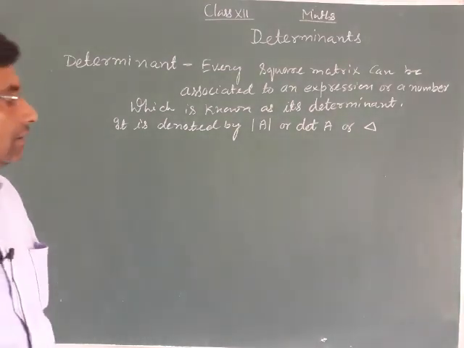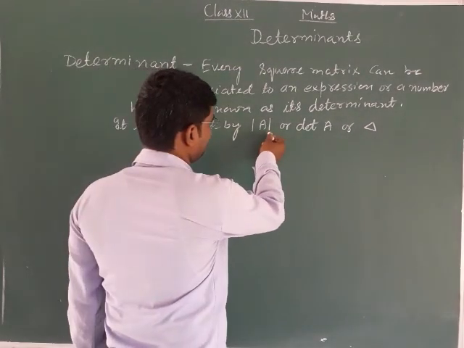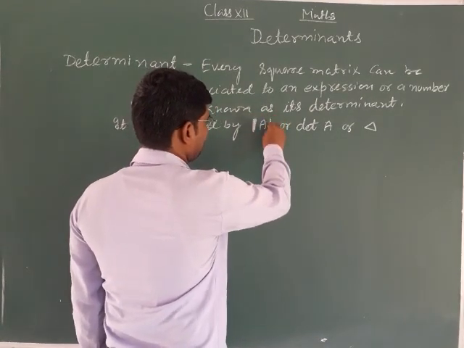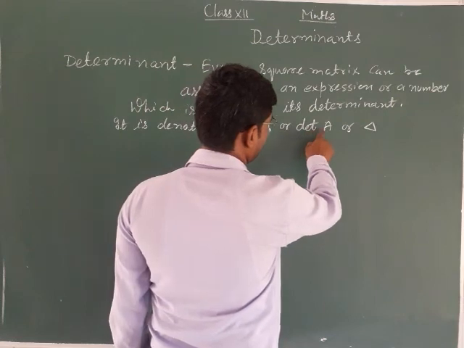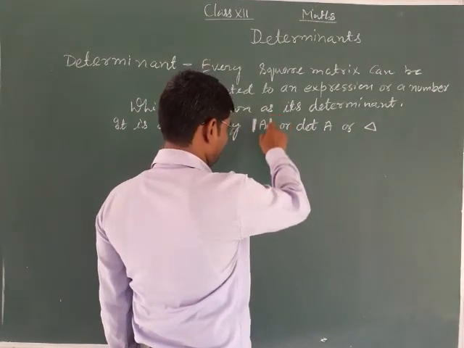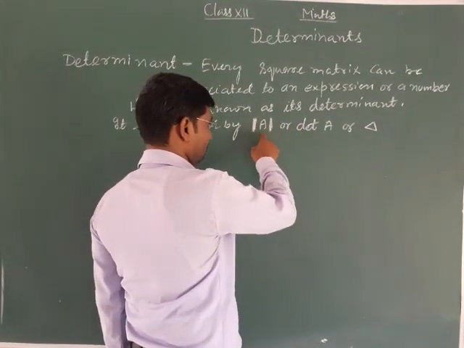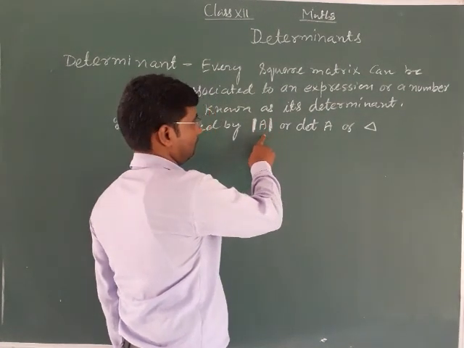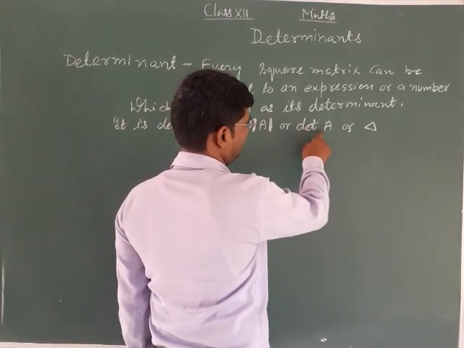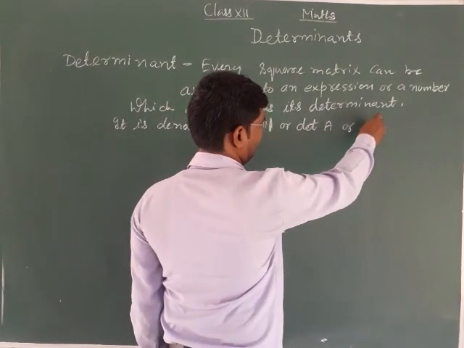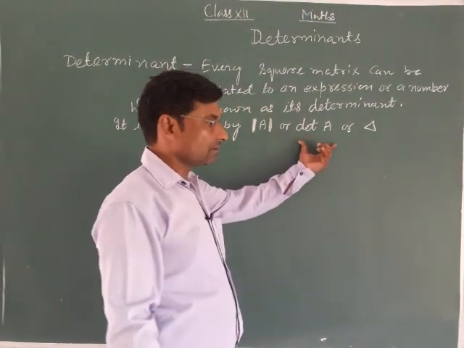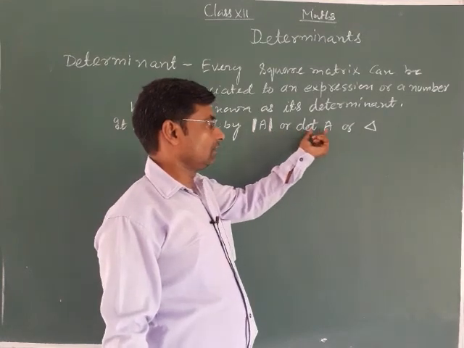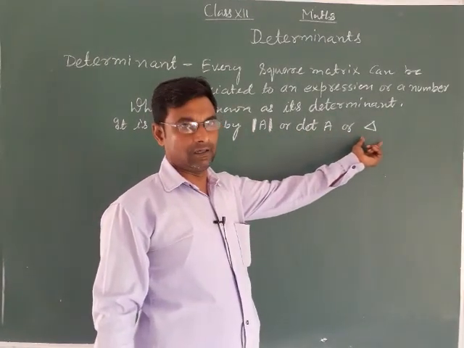It is denoted by determinant A or |A|. It is not read as modulus; you read it as determinant. There are three notations: determinant of A, |A|, or delta.